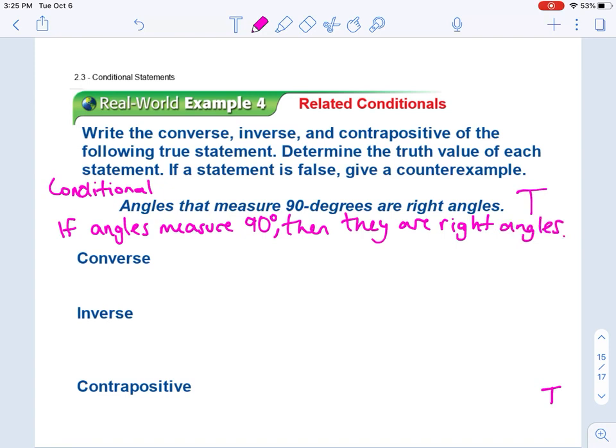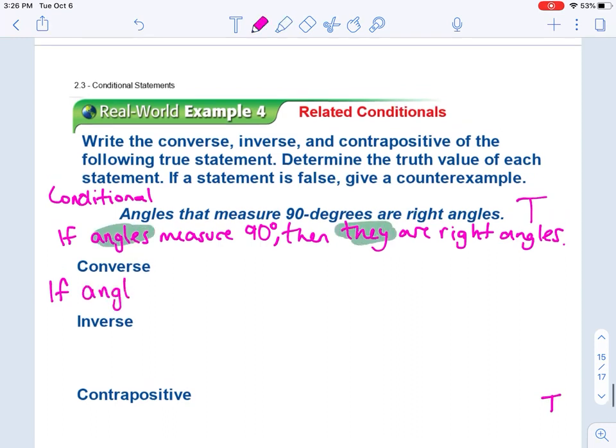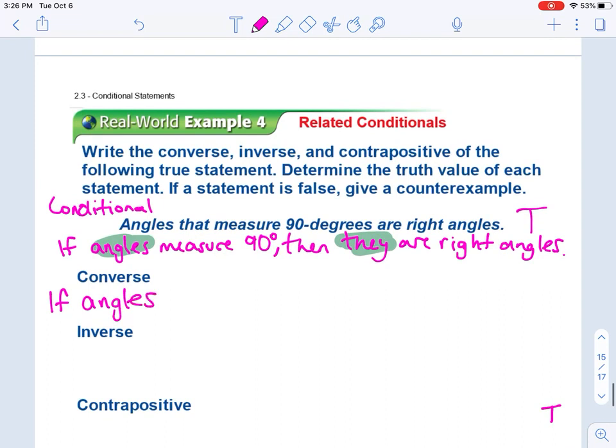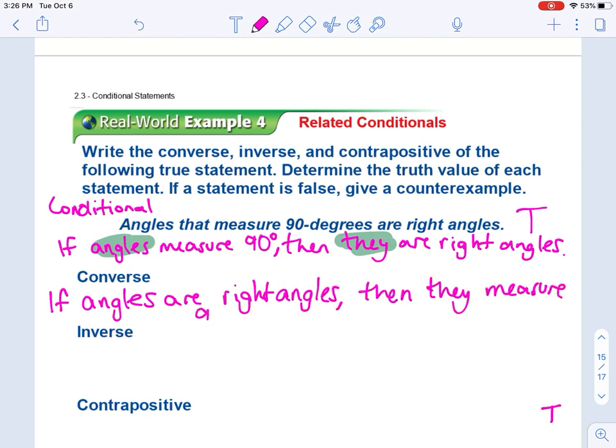So our converse leaves our if and then words where they are, but switches what follows them. So if, I'm going to be a little picky because they refers to angles, I'm going to leave angles here. So if angles are right angles, then they measure 90 degrees.